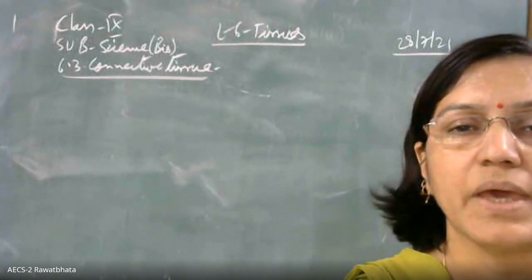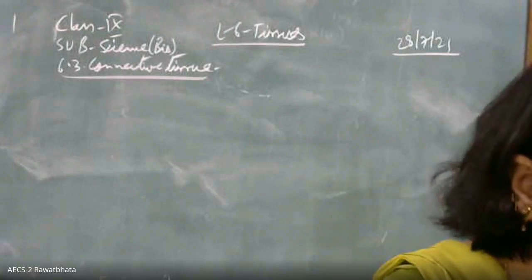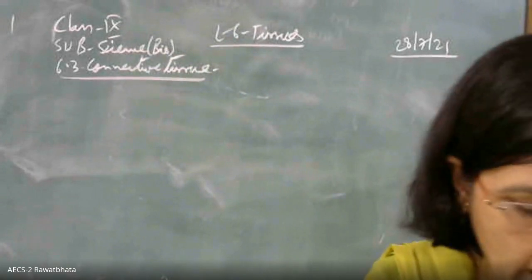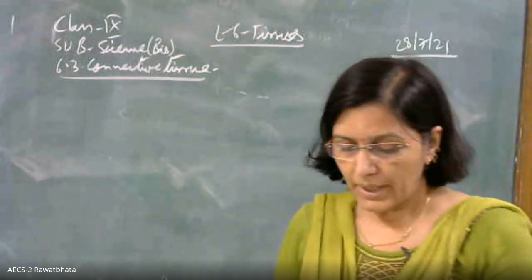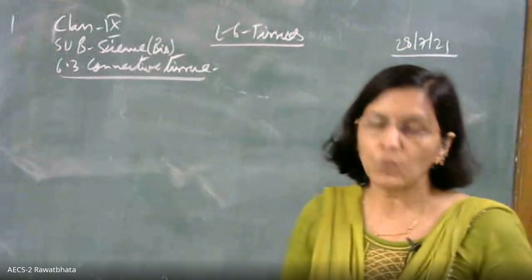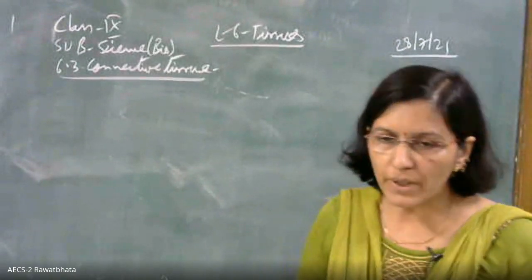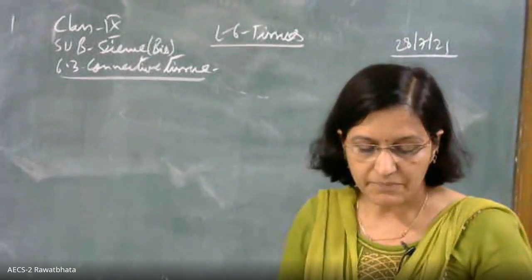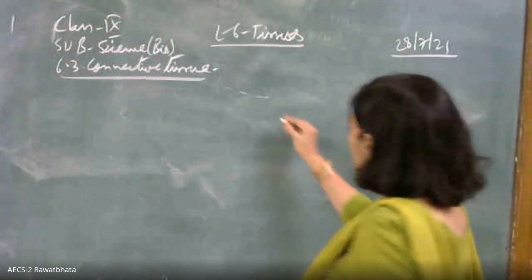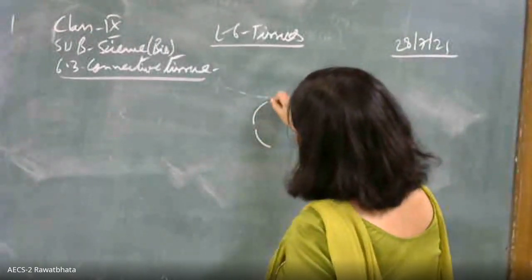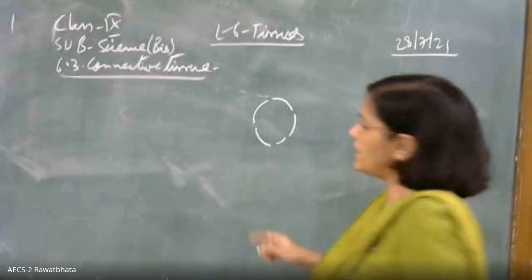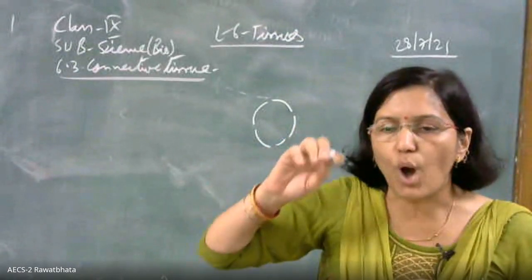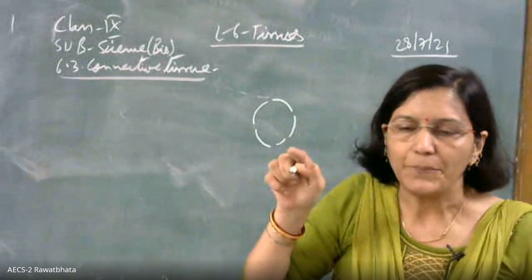And in this case, remember that the cells are arranged in a circular manner, as we are referring to diagram number 6.10 of our textbook, page number 75. Here they have indicated bone cells. They are arranged in such a way that if we try to view these cells, they appear like big cockroaches arranged in a circular manner.